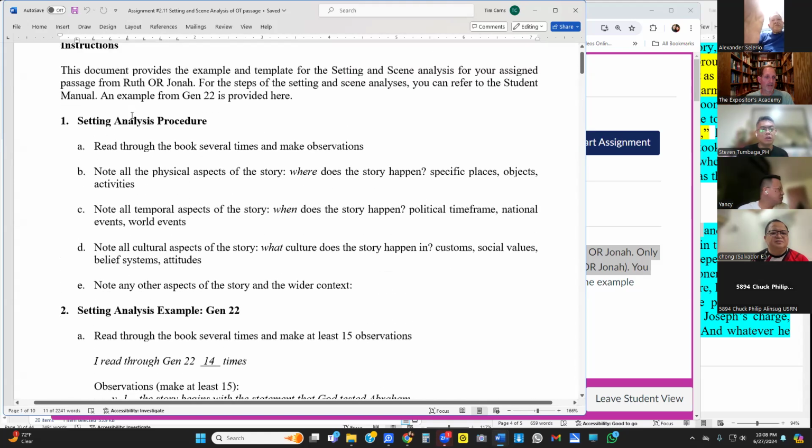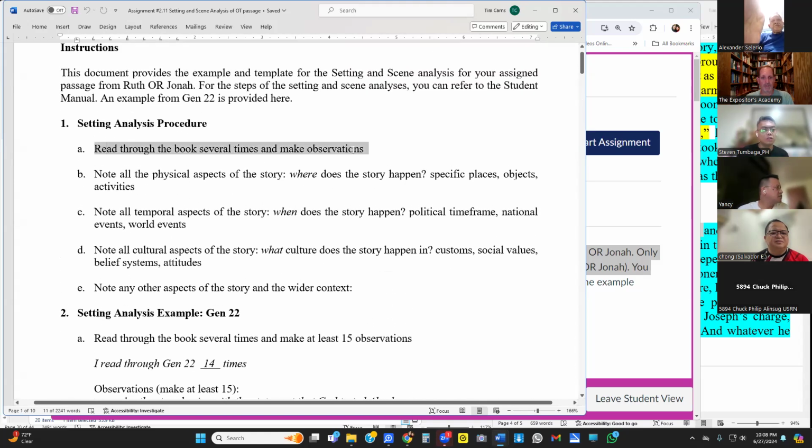Notice here, the setting analysis procedure is read through the book several times and make observations. So do that step. And then you'll note the physical, temporal, cultural aspects of the story. What is your question?